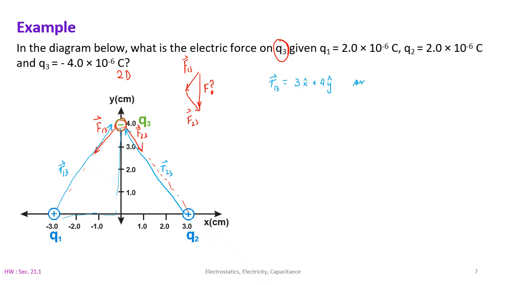Or you could write it in terms of its length and angle. The magnitude of R13 will be 5 centimeters, and the angle is going to be arctan of 3 divided by 4 from the y-axis.